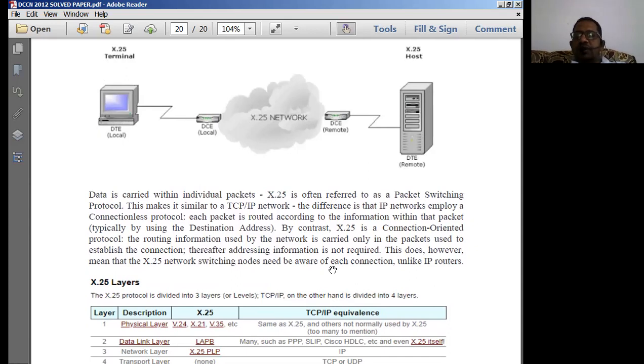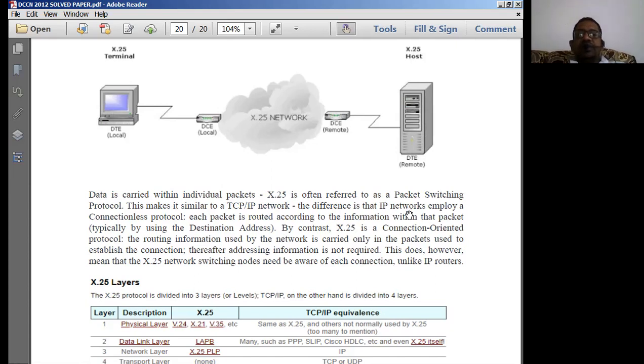This makes it similar to the TCP/IP network, because TCP/IP also provides packet switching network protocols. Therefore, it is somewhat similar to TCP/IP in that particular sense.